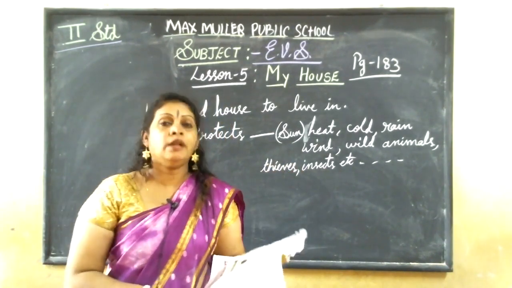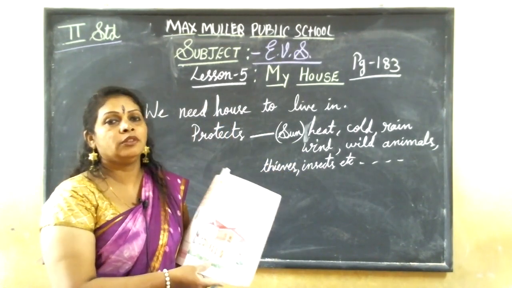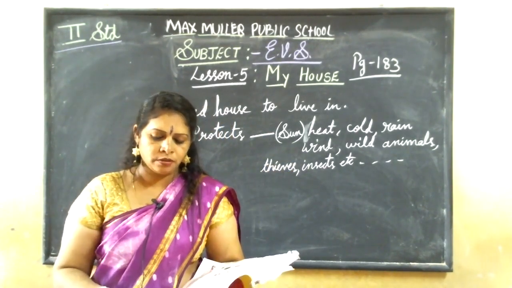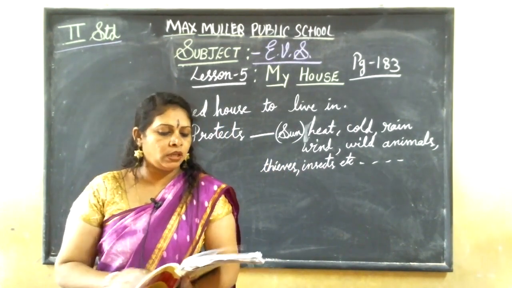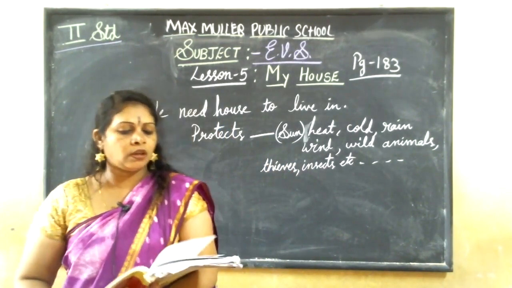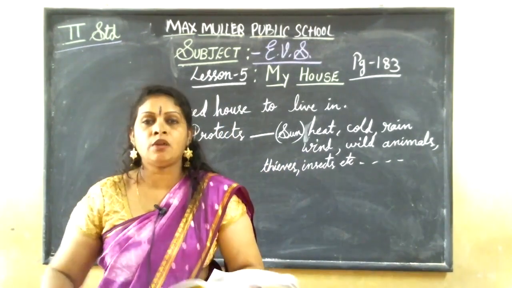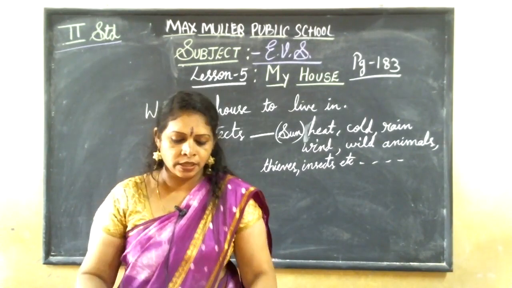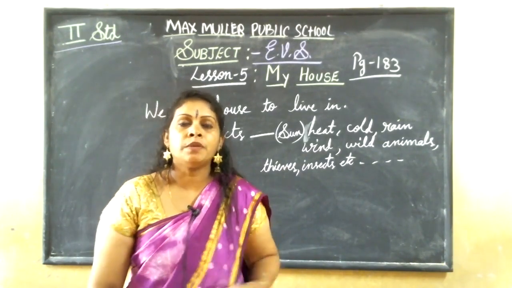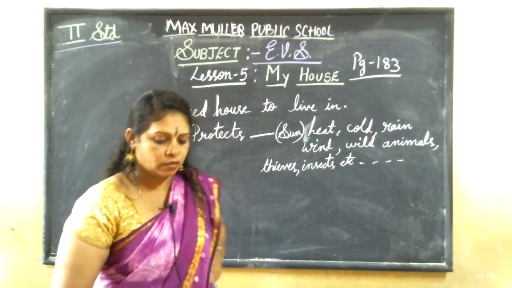Now you can see the house in the picture. If you open the textbook, you can make it out. Turn to the next page, page number 184. There are two types of houses. Now you studied why we need a house and the necessary things that are so important in a house.